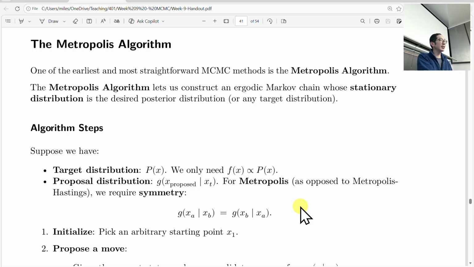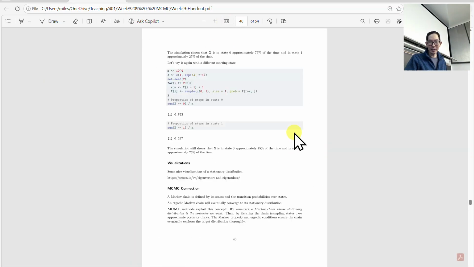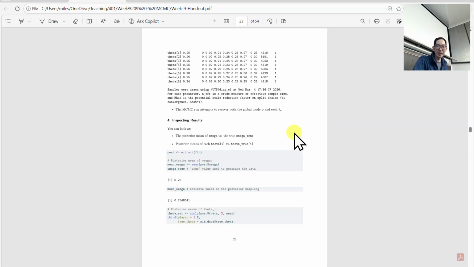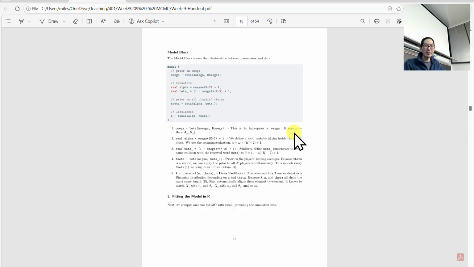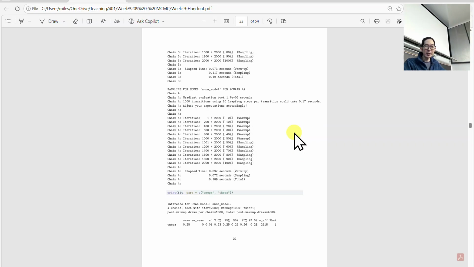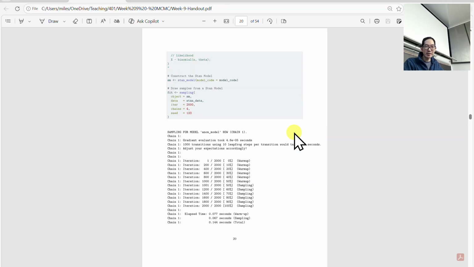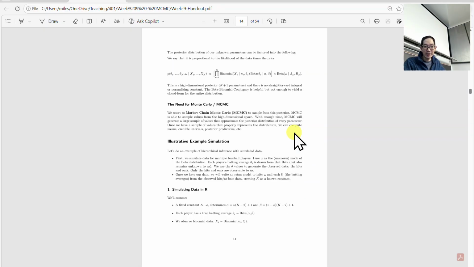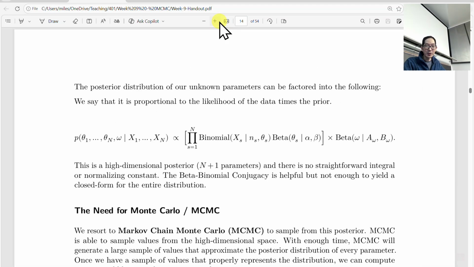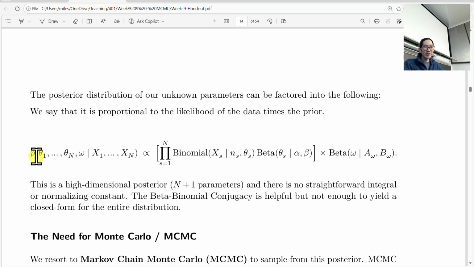To backtrack, all the way back when we were talking about the baseball example, we have this posterior distribution, the distribution of theta 1, theta 2, up to theta n and omega.